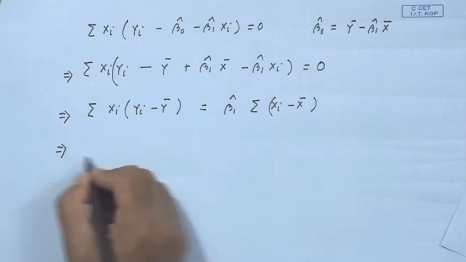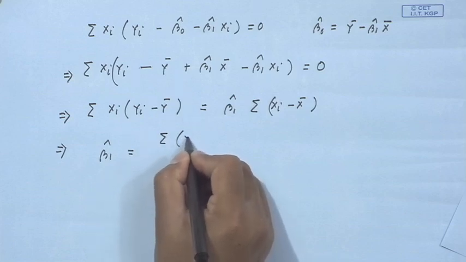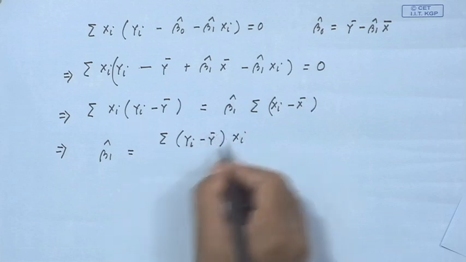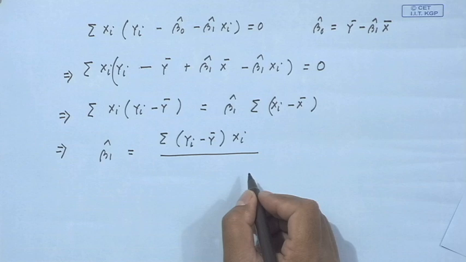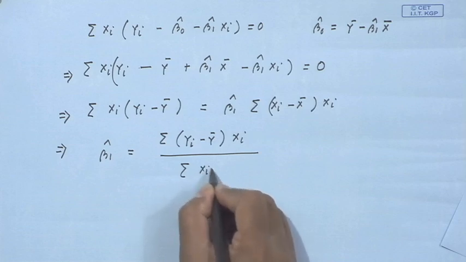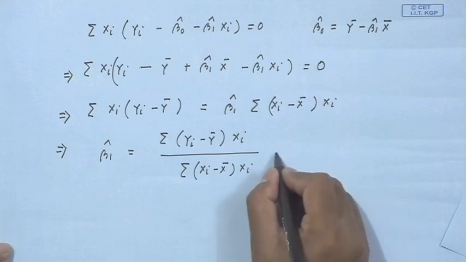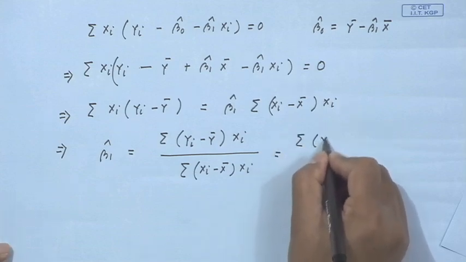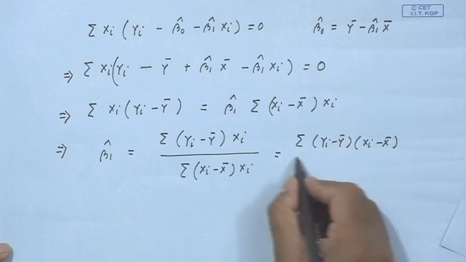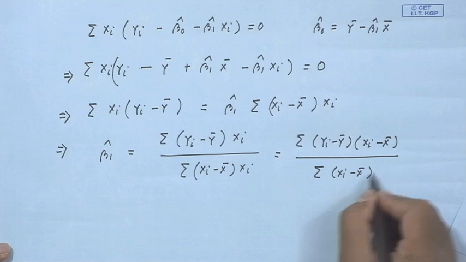So, from here I can write that my beta 1 hat is equal to summation y I minus y bar into x I, sorry, I missed one x I here, by summation x I minus x bar into x I. Okay, so this can be written as summation y I minus y bar into x I minus x bar by summation x I minus x bar into x I minus x bar.